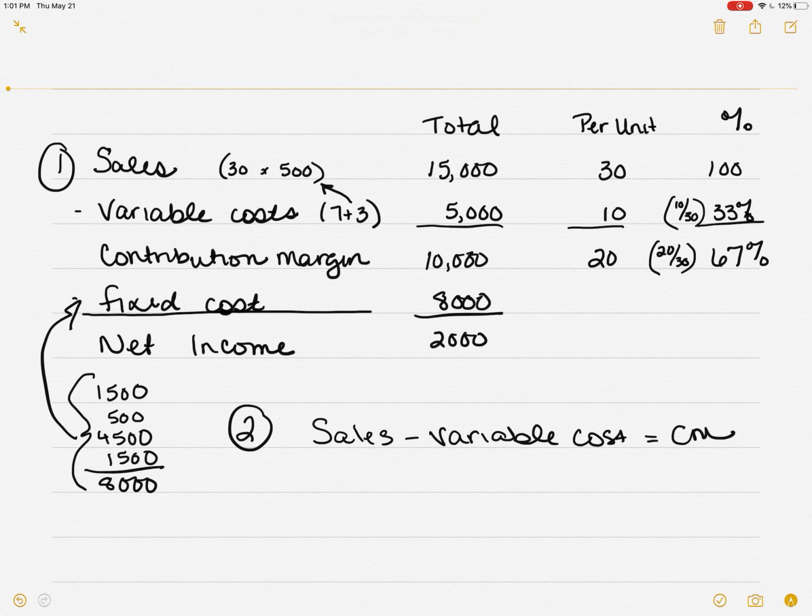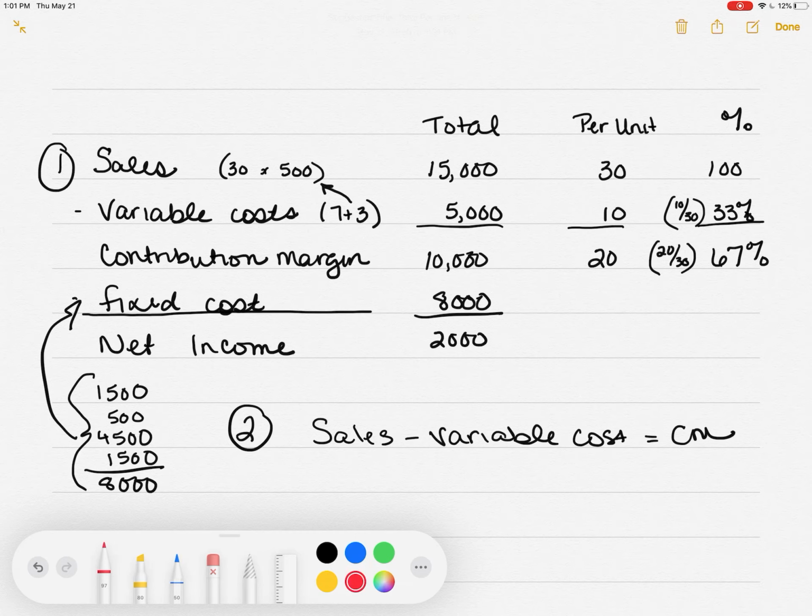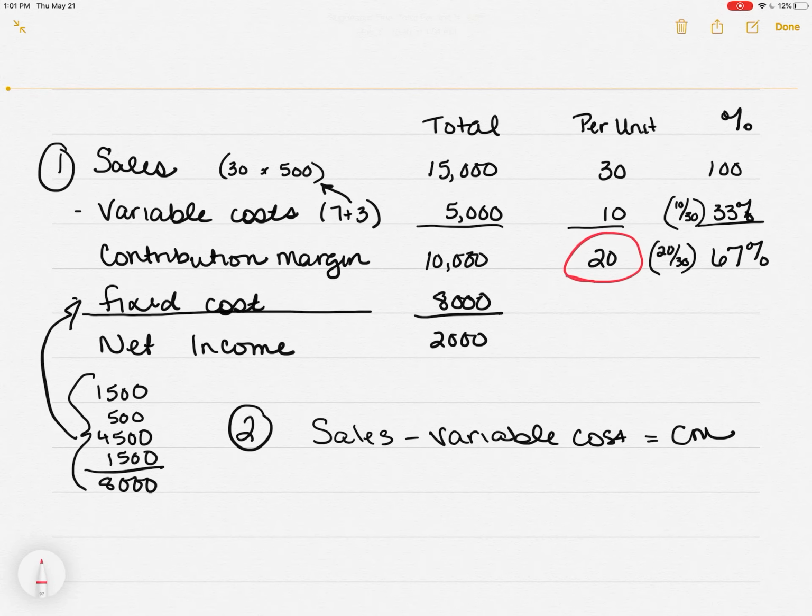So we've actually already done this. If you look, our per unit amount is 20, and as a ratio is 67. We've already done this piece of it just by breaking these things out.